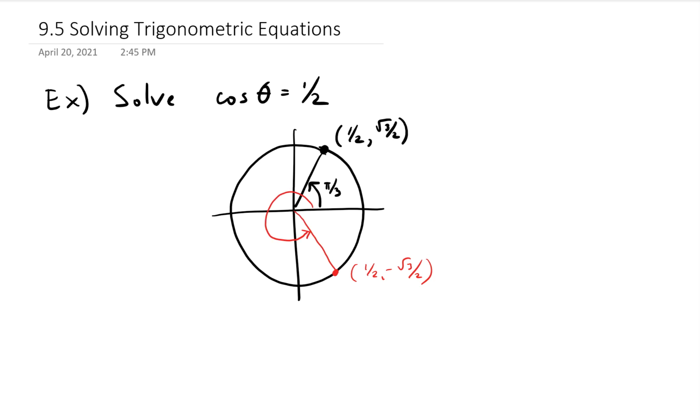So this is 6 pi over 3 minus pi over 3, that's 5 pi over 3. So I have those two angles in the interval, and maybe I'll write those down. So theta could be pi over 3, or theta could be 5 pi over 3.